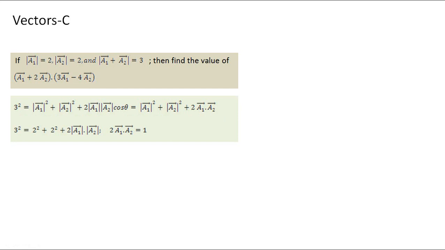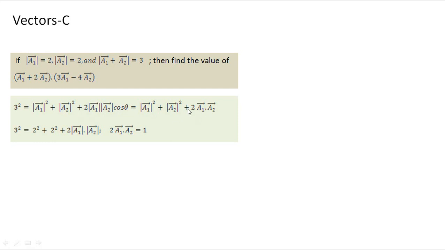Square of magnitude of first vector plus square of magnitude of second vector plus 2 into magnitude of first vector. So basically I am using P square plus Q square plus 2PQ cos theta. In place of P, A1 vector, in place of Q, A2 vector. If I substitute the values, and in place of A1 A2 cos theta, I have written A1 dot A2.